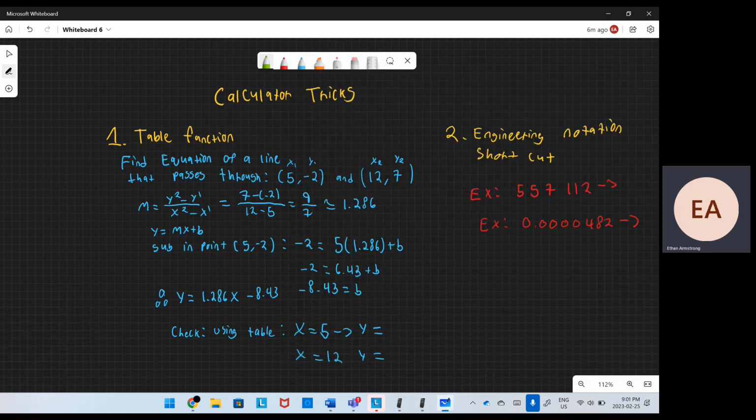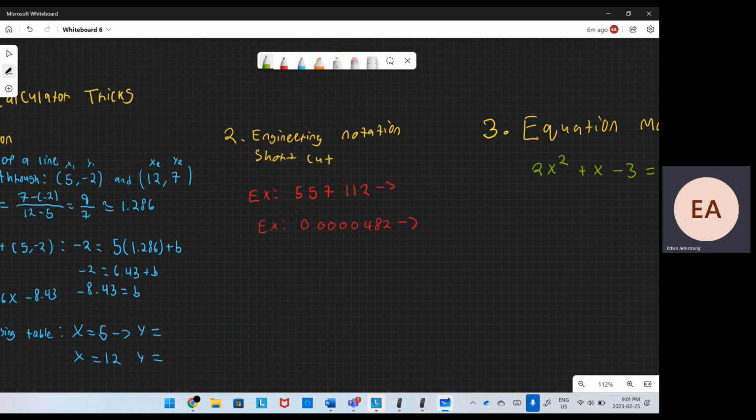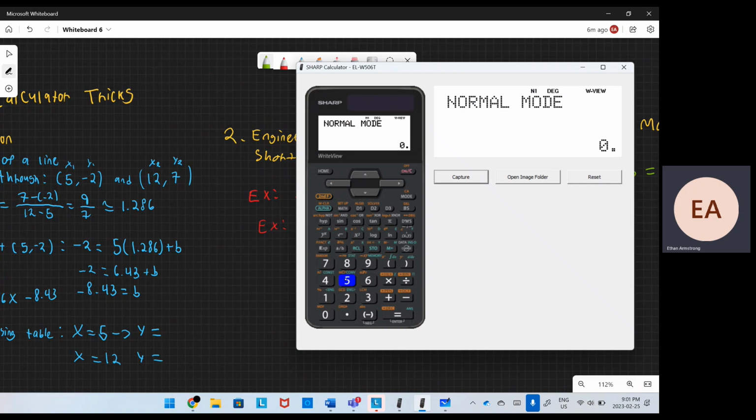Next, I'm going to be showing you a little shortcut for converting numbers into engineering notation. So say we had 557,112, and we wanted to convert that into engineering notation. What we do is we enter it in the calculator, hit equals, and then we hit the alpha button here, and then the engineering button here, and it will convert it into engineering notation.